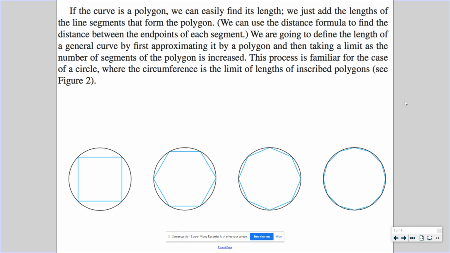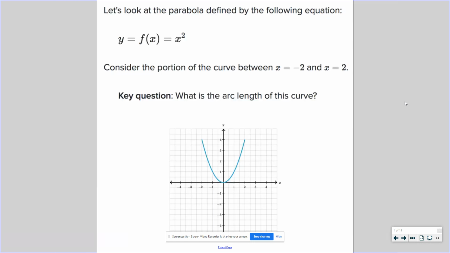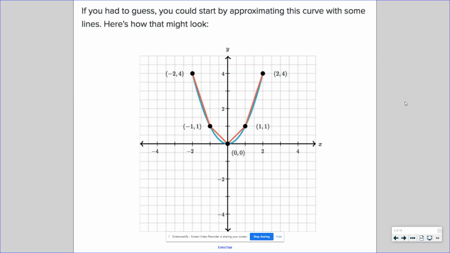So what we could do is instead find small lengths of straight line segments and use that as an approximation technique. So, for example, if I said, let's find the length of this parabola from -2 to 2.